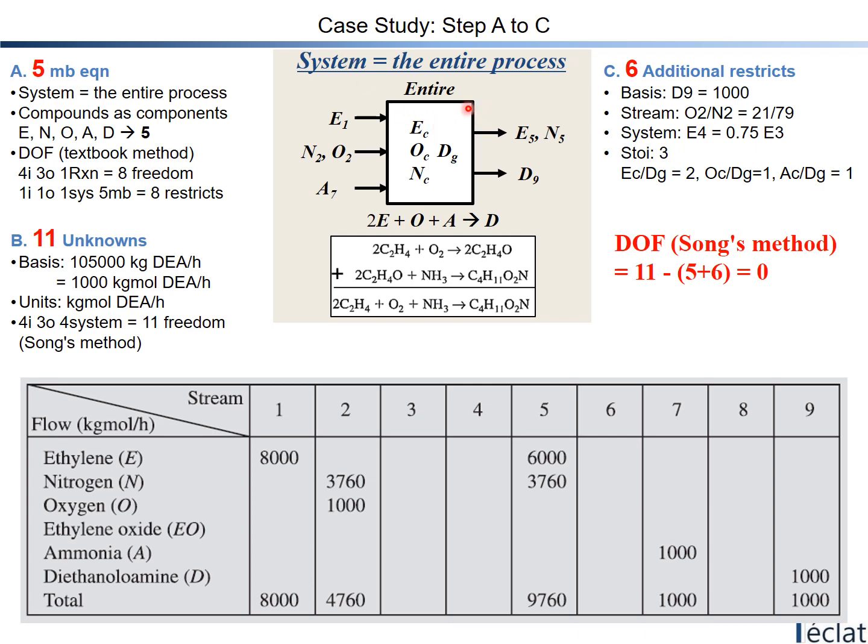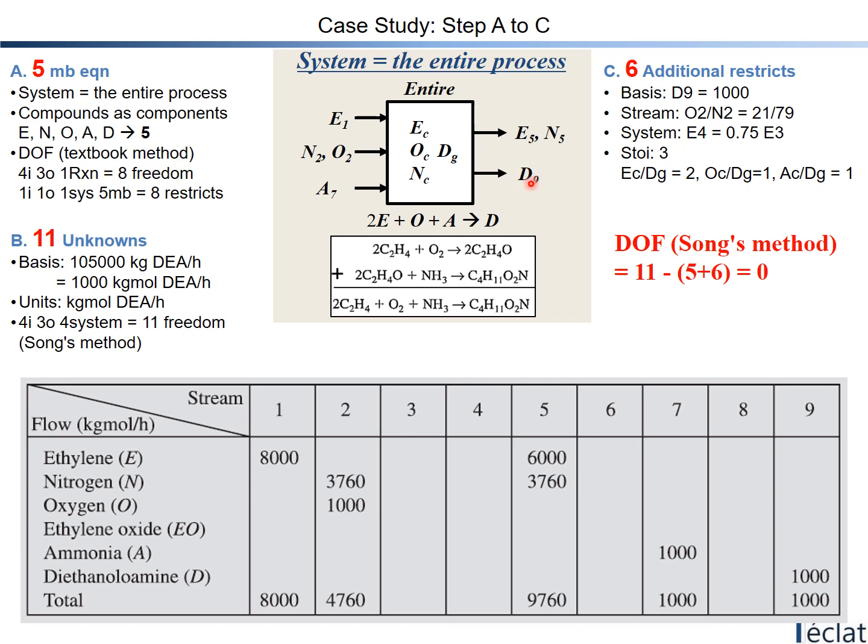In this case, we have a big black box as the entire process, and ethylene, nitrogen, oxygen, and ammonia are introduced as the raw material for this process. The product is ethylene and nitrogen, and also DEA as the desired product.